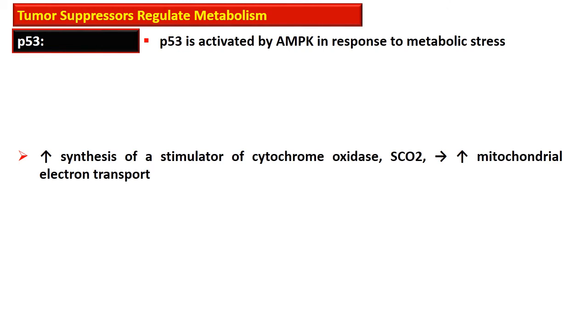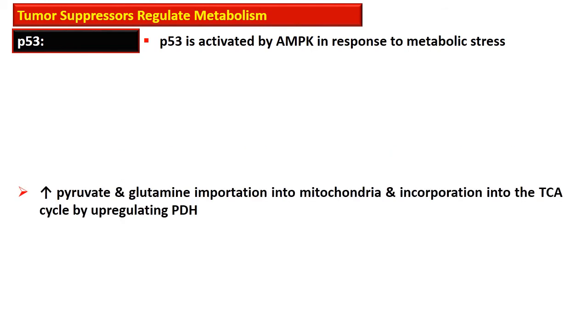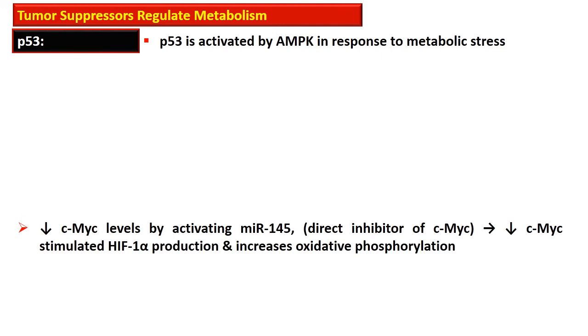There is increased synthesis of SCO2, a stimulator of cytochrome oxidase, that will result in increased mitochondrial electron transport that will increase pyruvate and glutamine importation into the mitochondria and incorporation into the TCA cycle by upregulation of pyruvate dehydrogenase. Decreasing MYC level by activating microRNA 145, that is the direct inhibitor of c-MYC, will result in decreased c-MYC-stimulated hypoxia-inducible factor production and increased oxidative phosphorylation.